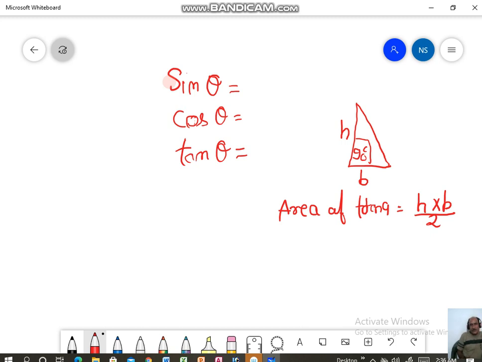This formula we can use to find the area of a right angle triangle, but that is not valid for all kinds of triangles.